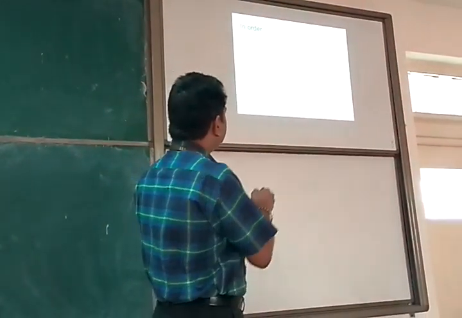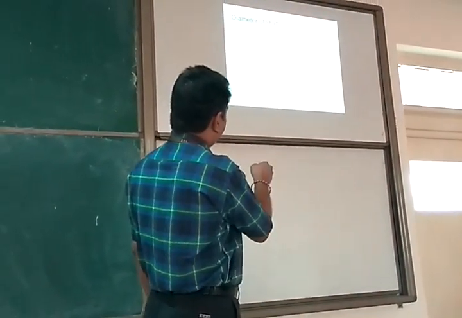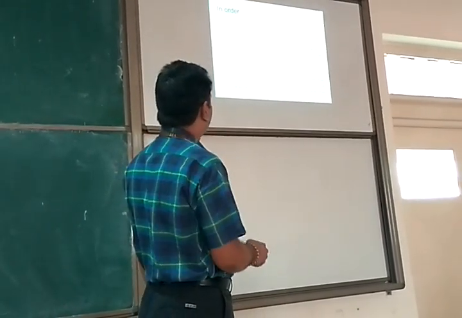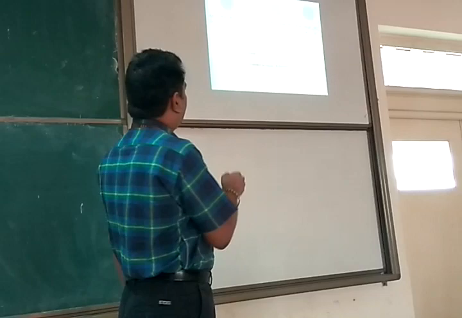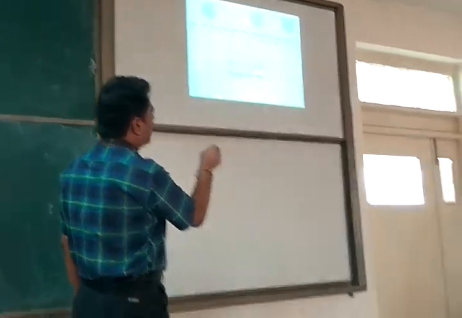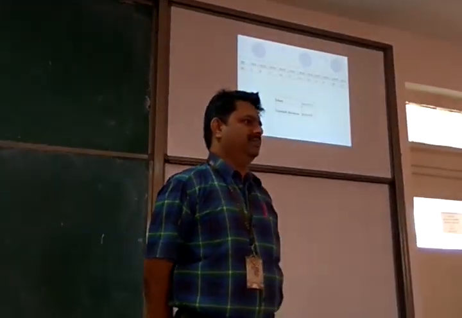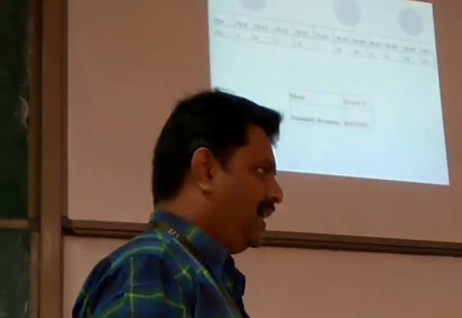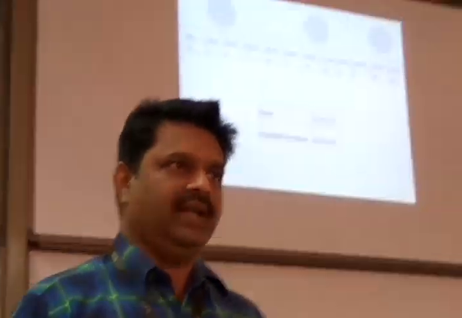We put them in order. This is the actual reading in the sequence I have taken. This is after sorting it from small to big, and then we took the average, the arithmetic mean, and that we say will be the diameter of the shaft. Common sense, isn't it? We have 3 readings, take the average of 3 and take that as the diameter. That's what you do normally while taking measurement.